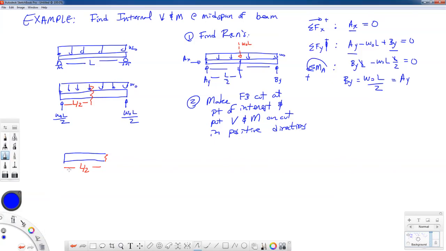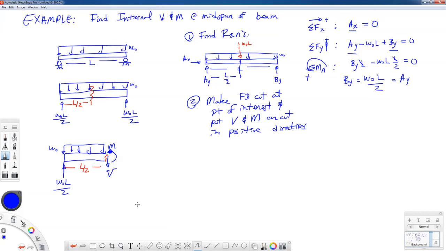I have my reaction over on the side at A, which is W0 L over 2, and I have the portion of the distributed load that is on this cut that I have, that's still W0. And here's the important part. My positive bending moment puts the beam top in compression, so that's where the arrowhead goes on the top, and a positive shear force points downward when I make the cut this way.